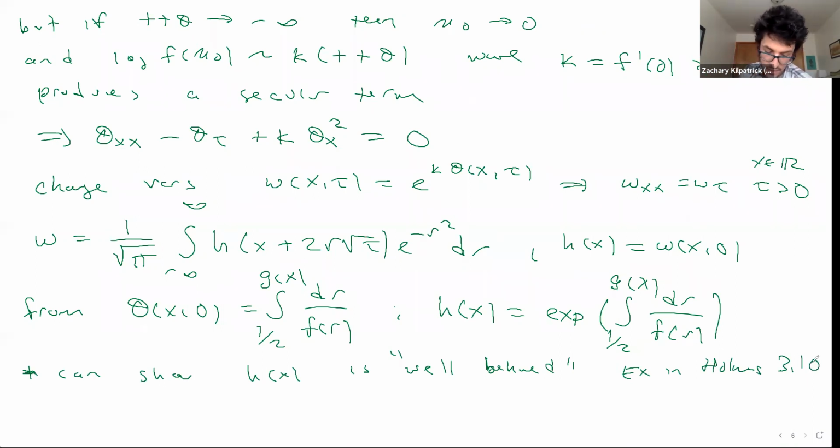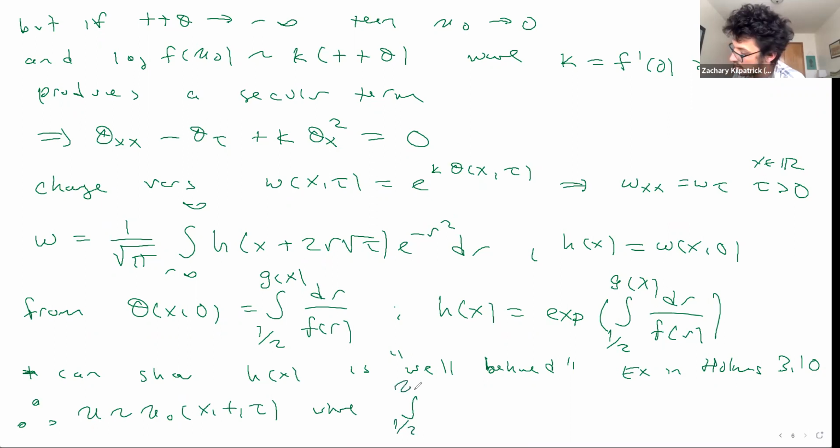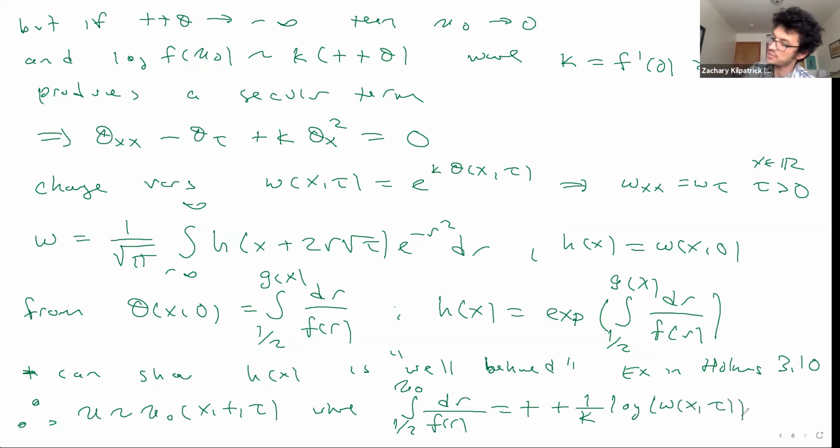I won't go through that. But essentially what we found is that to first order, u can be given by u0 of x, t, tau, where the integral from 1/2 up to u0 of dr over f of r is equal to t plus 1 over kappa log of this w of x tau, where w is given by this along with this.